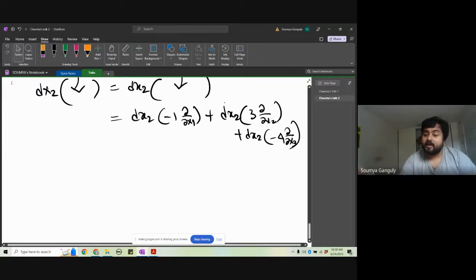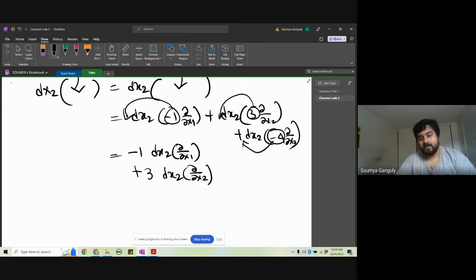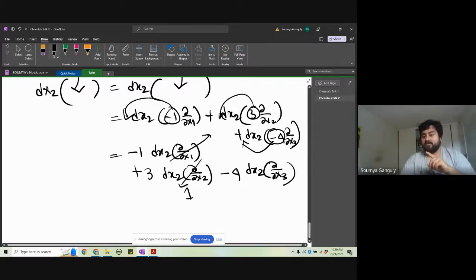That's why these constants will come out. So it is -1 dx2 of del x1 plus 3 dx2 of del x2 plus 4 dx2 of del x3. Now you would use the definition. dx2 only acts on del x2 to give a non-zero value. It will give you 1 here, and 0 otherwise. So it will become 3 times 1, which is 3.